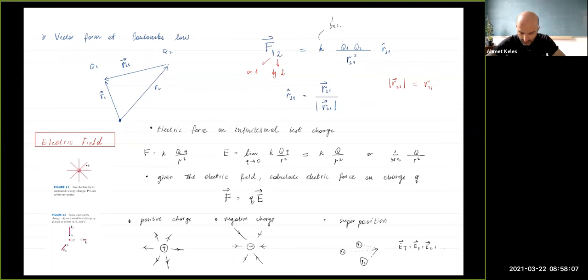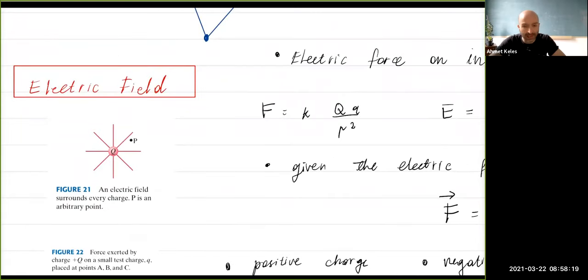So why do we do this? I want to remind you that about 200 years ago it was a tough concept to swallow, a force acting at a distance, because the natural thing at the time was contact force. When you have things like gravity or electric field acting without any contact, people had a hard time.